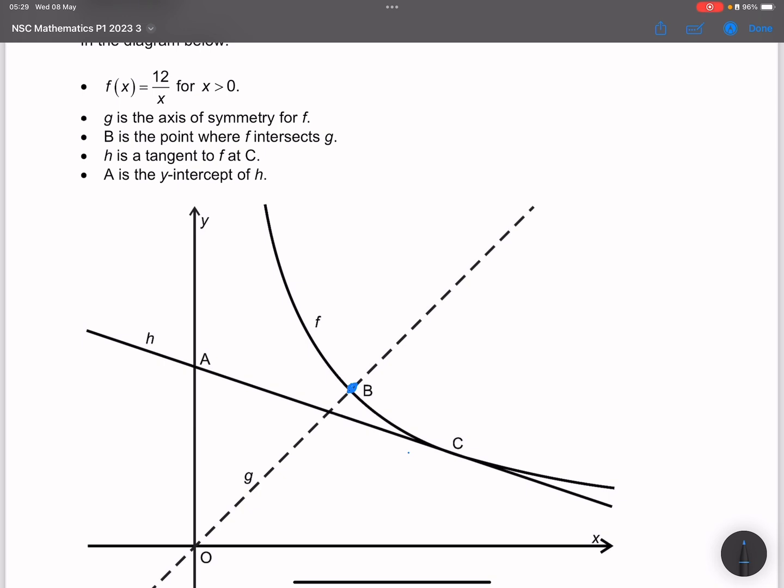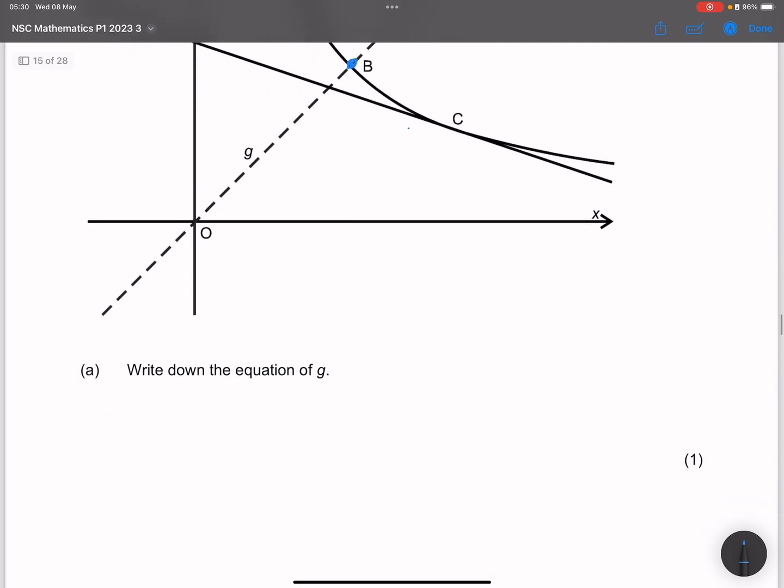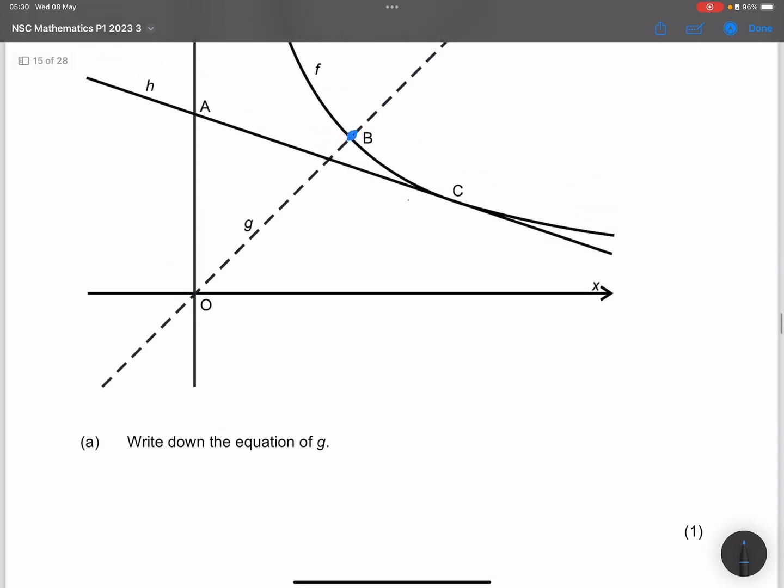Now, let's quickly have a look at it. So we've got a hyperbola, but only the one part of it where x is greater than 0. They say write down the equation of g. Now, remember that for the hyperbola, we always have the axis of symmetry having a positive gradient, that's y is equal to x plus k1, or y is equal to minus x plus k2.